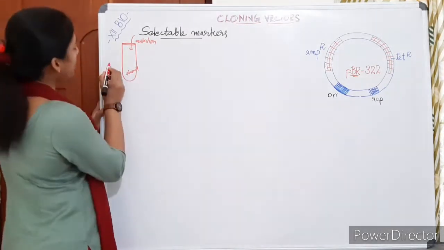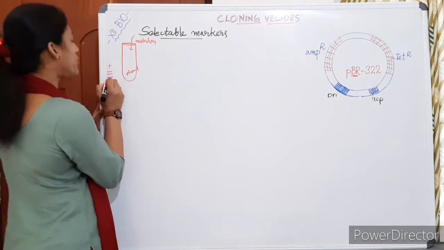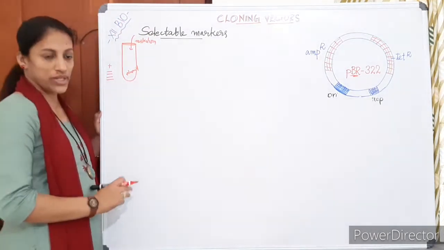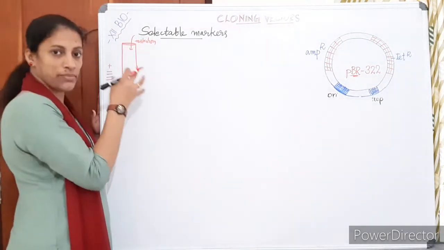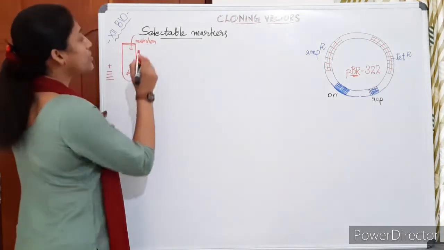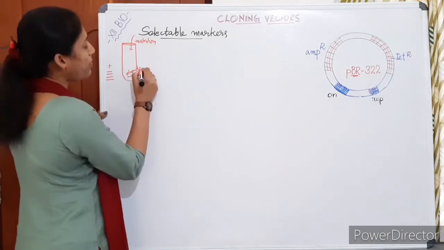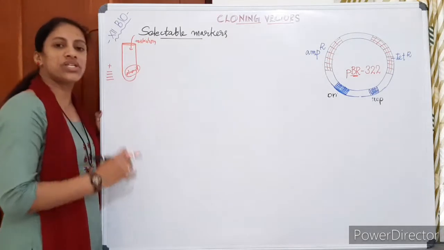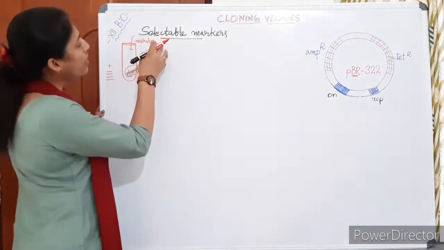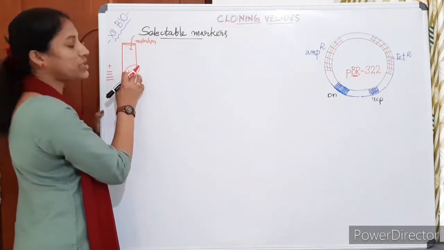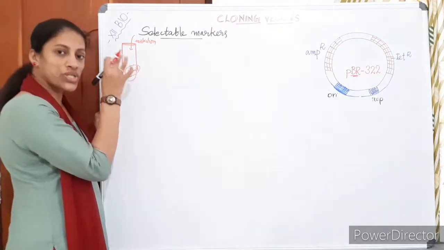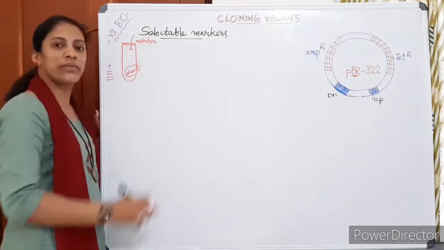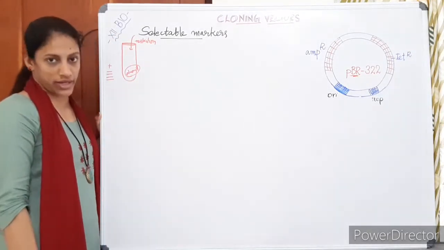At the same time, we have prepared our piece of desired DNA fragments cut with the same restriction enzyme, and later we can introduce it to the same test tube. So now we have taken plasmids in a container and we have added restriction enzymes. Our aim is to cut the plasmid with the restriction enzyme at a particular place, and later to join this piece to that plasmid to produce our DNA.